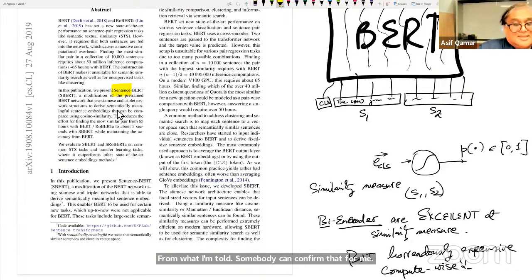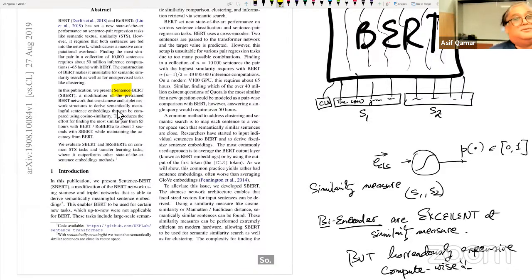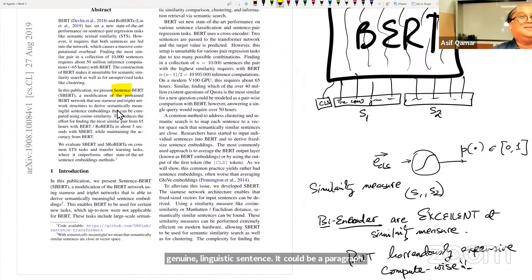So a sentence in natural language can be anything. It could be a word, a phrase, an actual genuine linguistic sentence. It could be a paragraph. It could be the entire document, the entire text, right? So the word sentence, you have to take in context. When researchers talk of sentence, they mean text, any text.